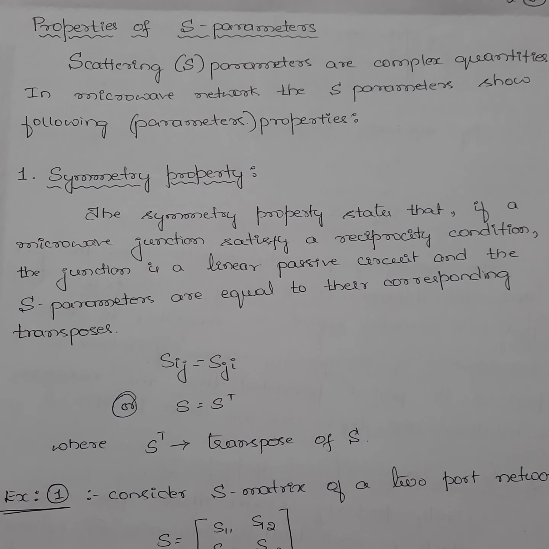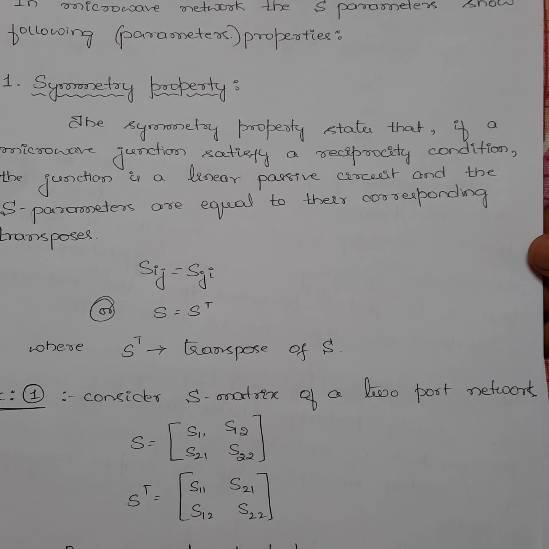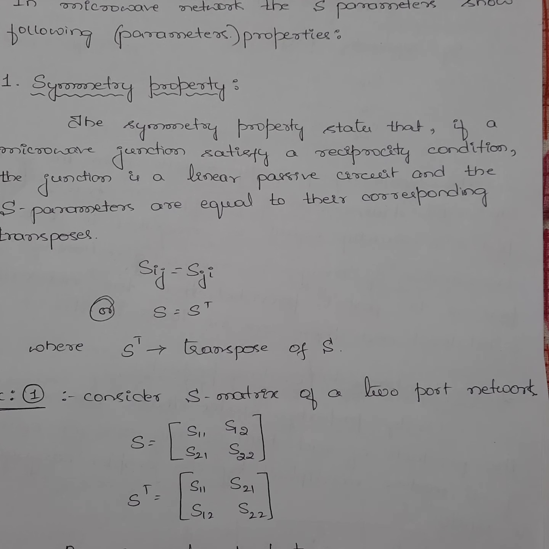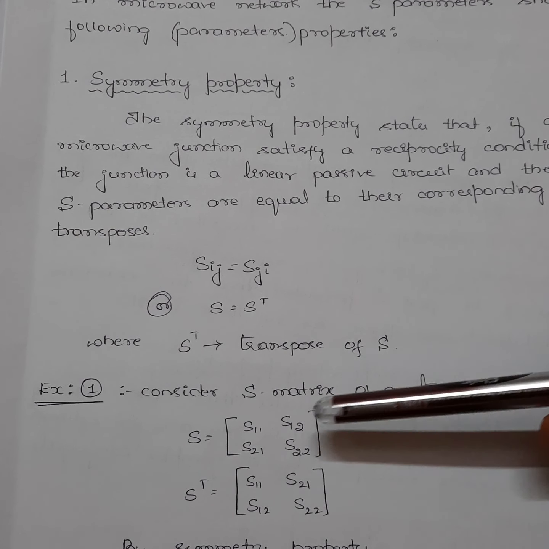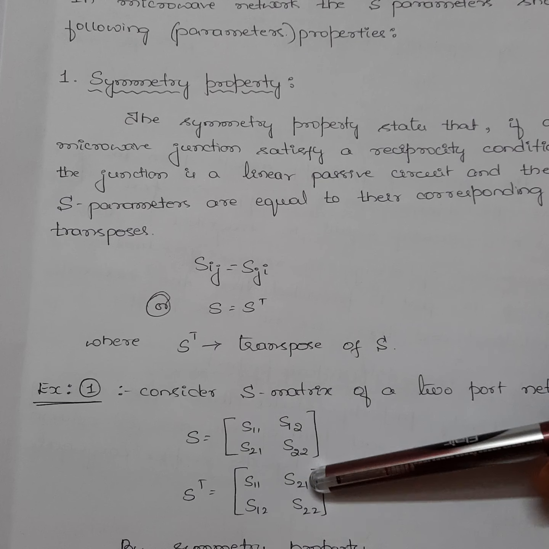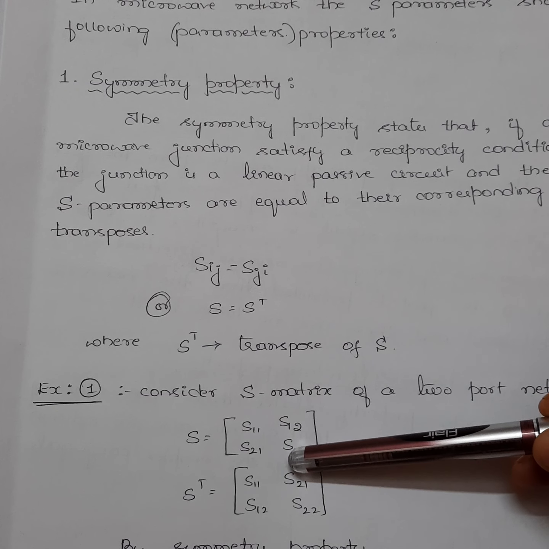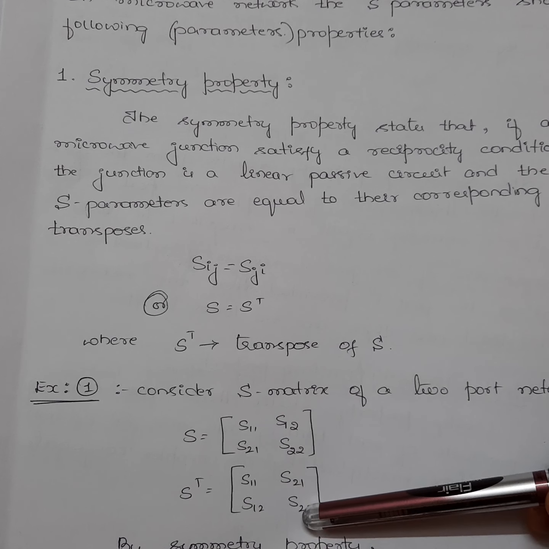If you see the example here, we are considering the S matrix of a two-port network, which is given as S is equal to S11, S12, S21, S22. What will be the transpose of that? S transpose is given by S11, S21 in the first row, and again in the second row we consider the column, that is S12, S22.